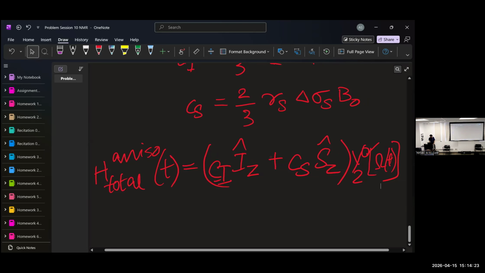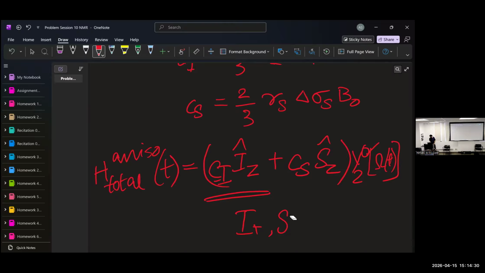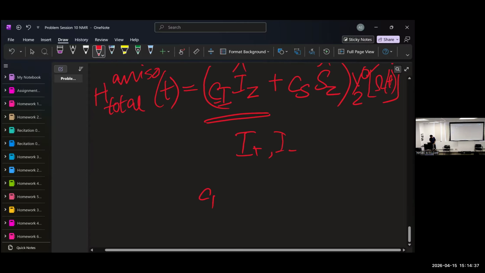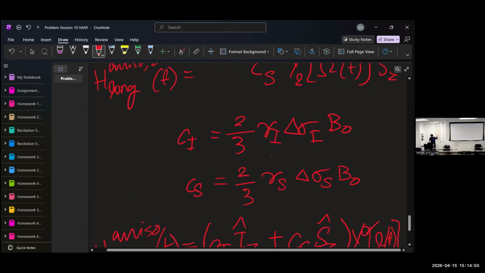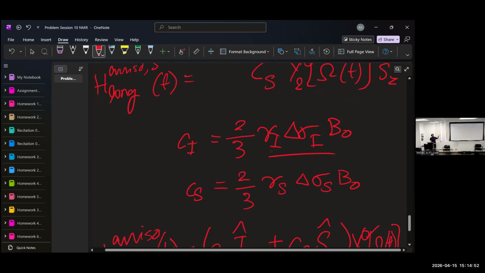Now, when you just had this CI Iz, you were able to get T2 relaxation for I plus and I minus. For just I plus, I minus, you just did CI squared times the correlation, because CI, remember, carries the fluctuation in frequency, which is delta sigma omega naught.